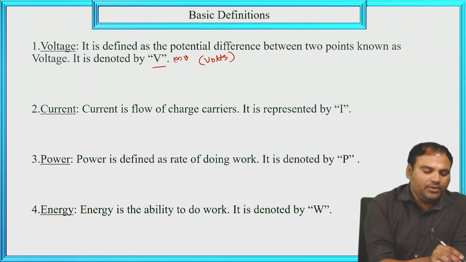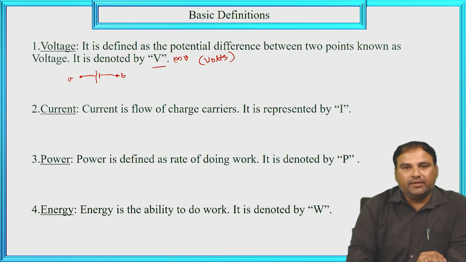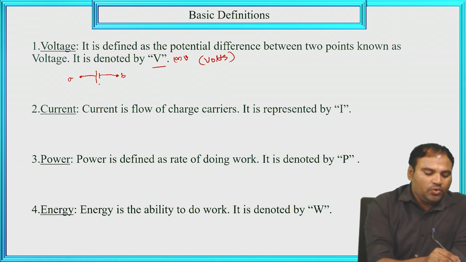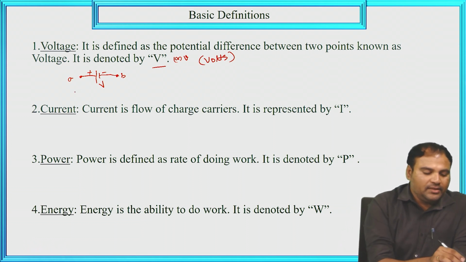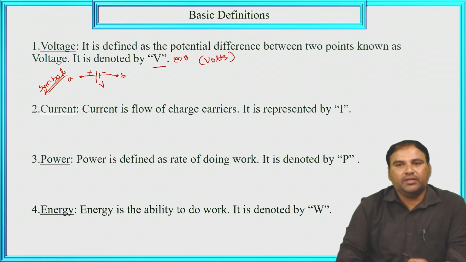For example, let us take two points. Let us say the first point is A and the second point is B. Now voltage is the potential difference between A and B. This is the positive and this is the negative side, and this is the symbol of voltage.